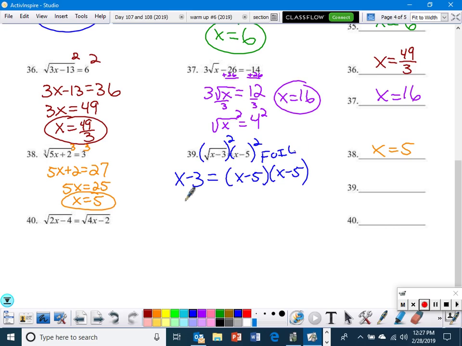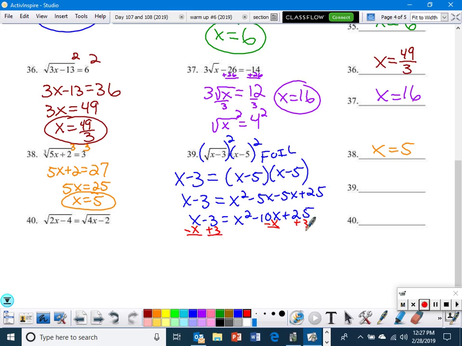All right, here we go. Combine like terms. Now, in order to solve that, we're going to have to get it equal to 0. So we are going to subtract x and add 3. So this is what we get.